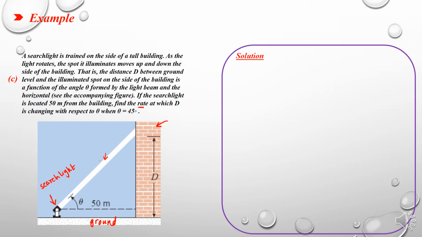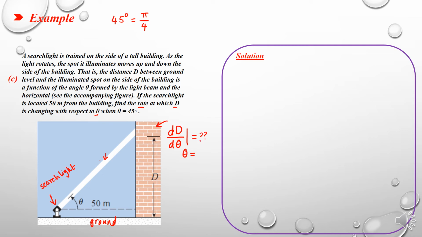So you have to find dd by d theta when theta equals 45 degrees, which is pi over 4 in radians.